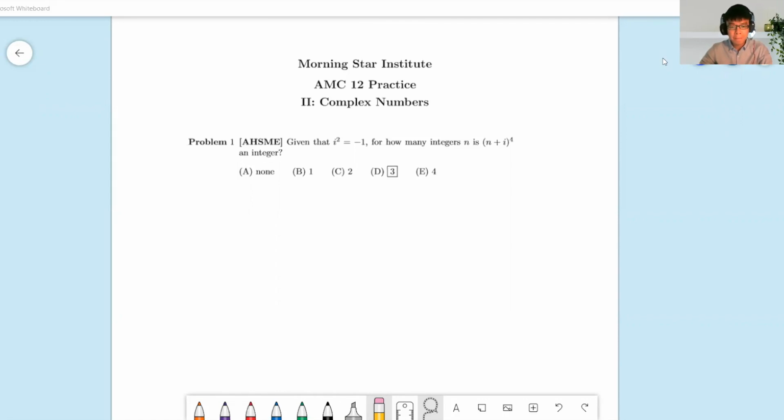Let's do question 1. For how many integer n is (n + i)^4 an integer? So let's do the binomial expansion for (n + i) to the fourth power.